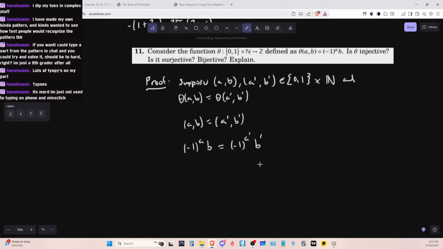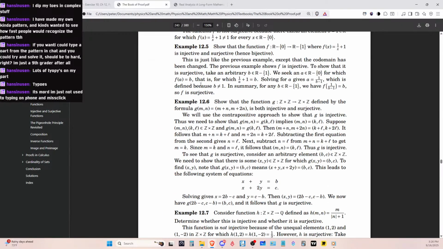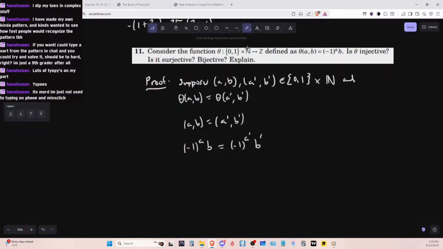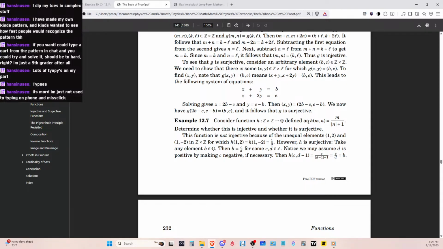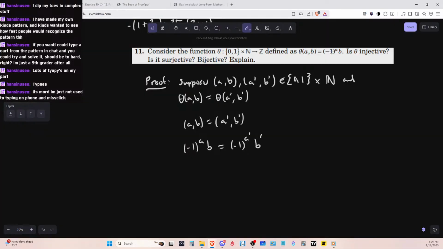Because we have two variables here, whenever it comes to double variables, and this one is going towards the integers, if you put 0 and 1 in here, this turns into 1 and that turns into 1.